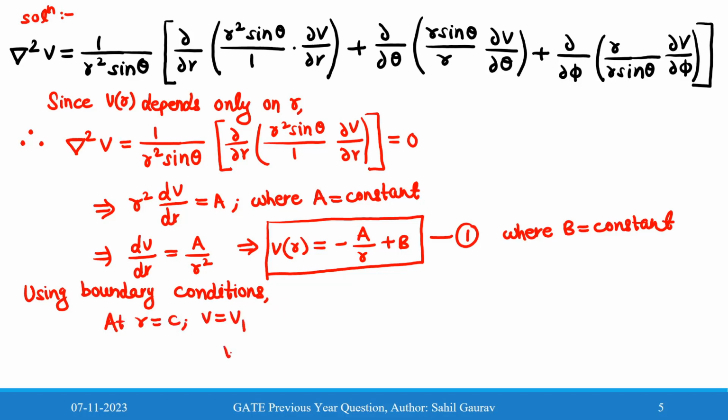Therefore V(r) is equal to V1, so V1 becomes minus A divided by c plus B. So this is 2.